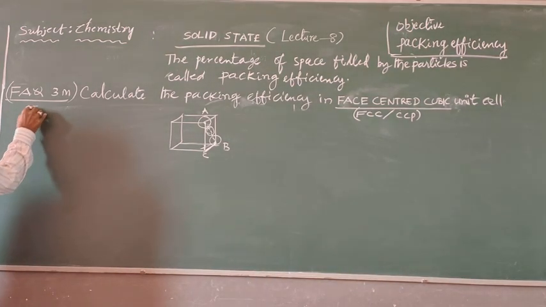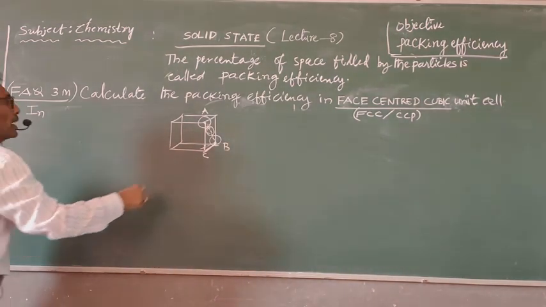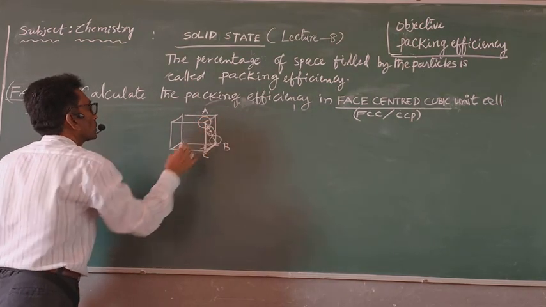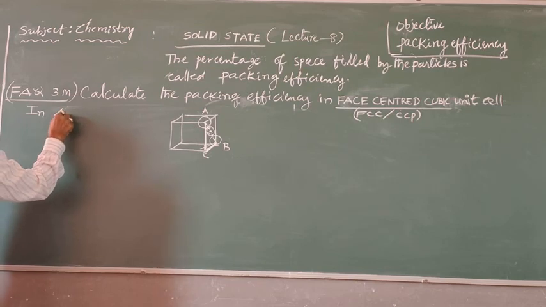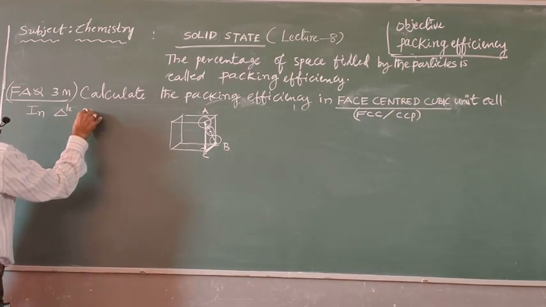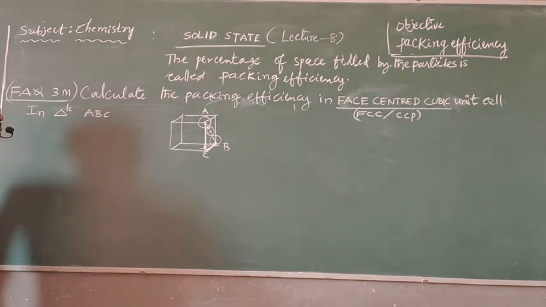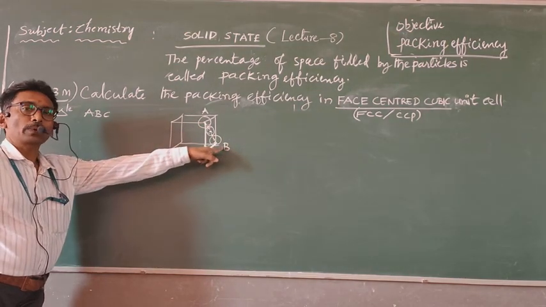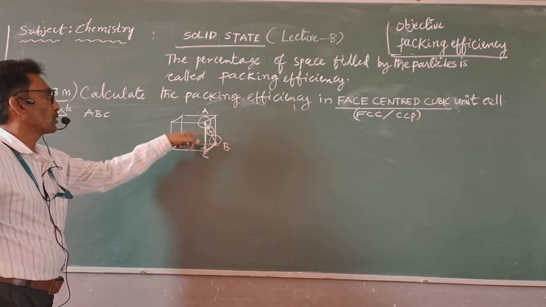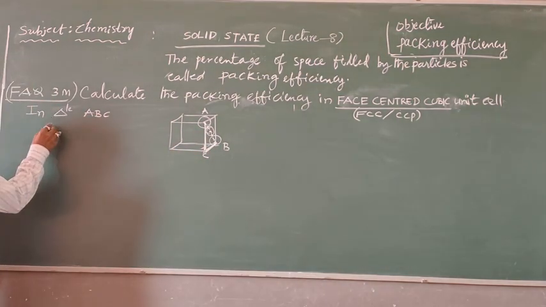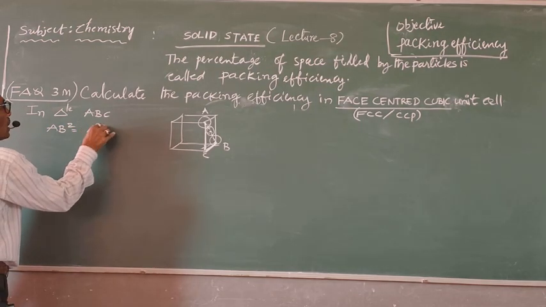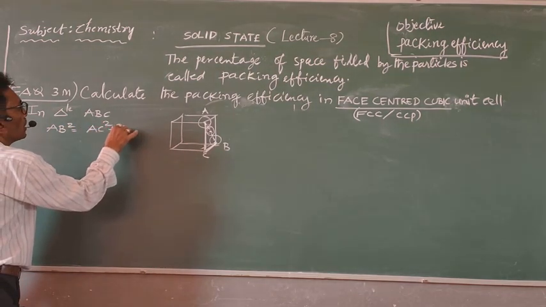Now, assume a triangle, these dotted lines. So in triangle ABC, yes, as per Pythagoras theorem, hypotenuse square is equal to side square plus side square. So that is BC square is equal to AB square plus AC square.